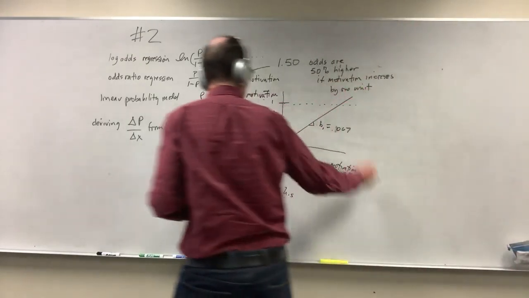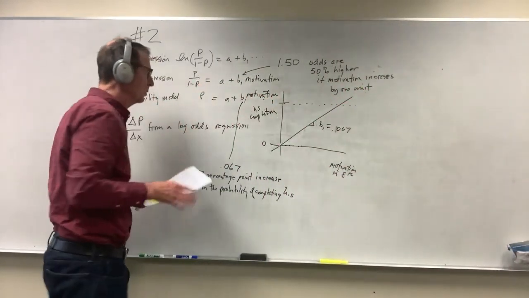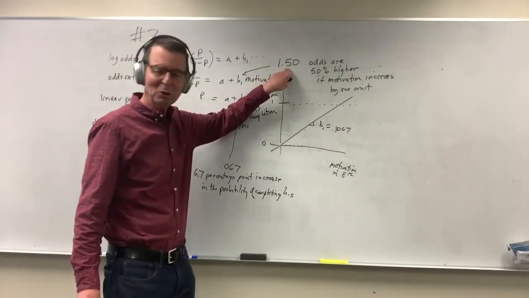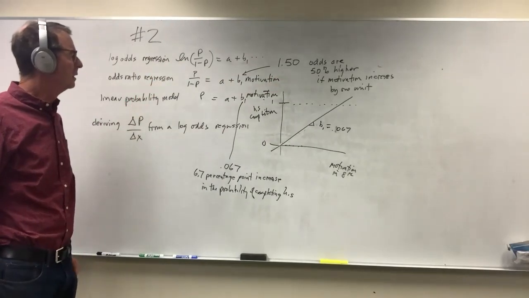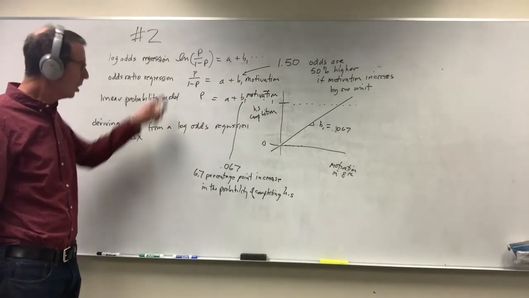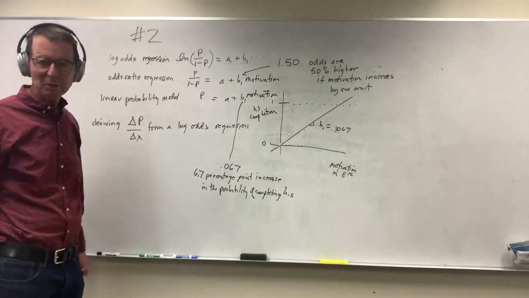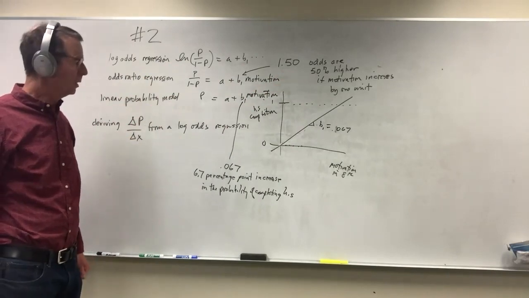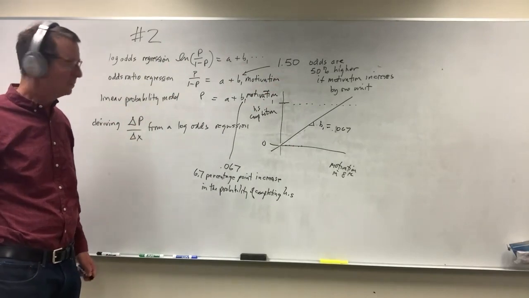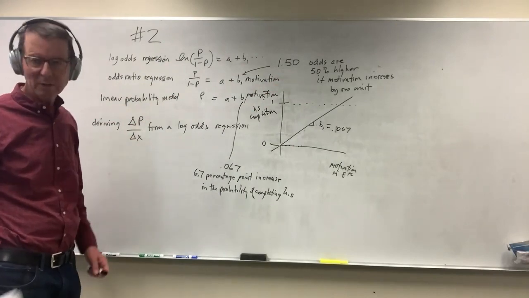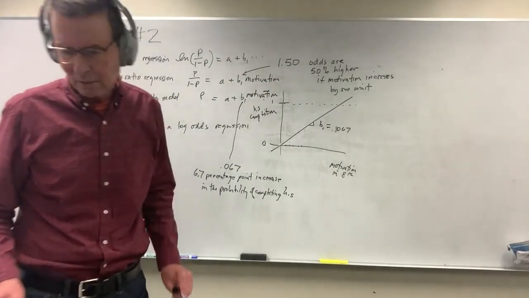So you can back out what the change in probability is, but it's giving you a change in the odds. And then if you were to run a log odds version, the coefficient would tell you what a 1 unit change in motivation does to the log odds of completing high school, which is a very difficult thing to try to get your head around.